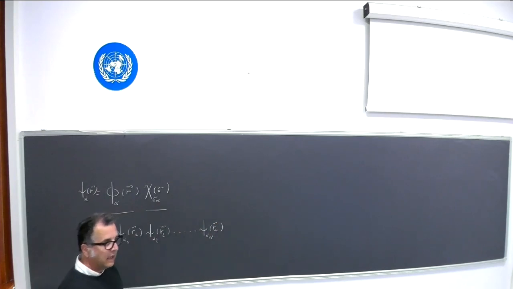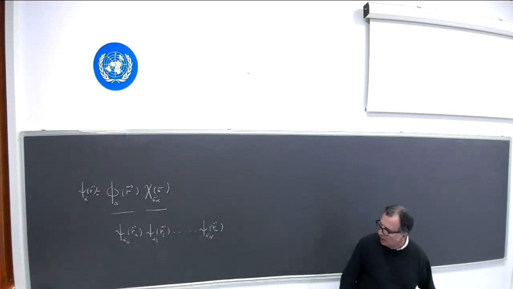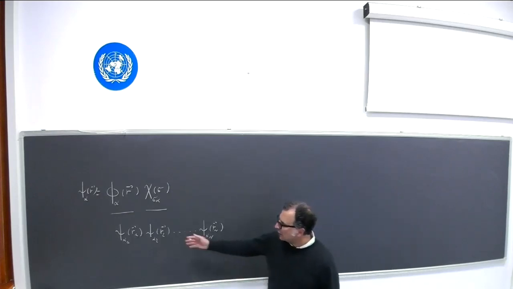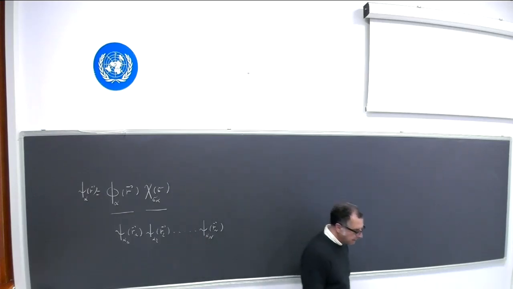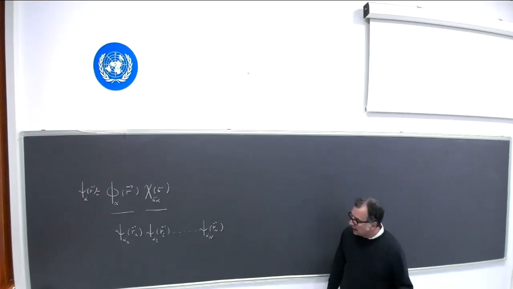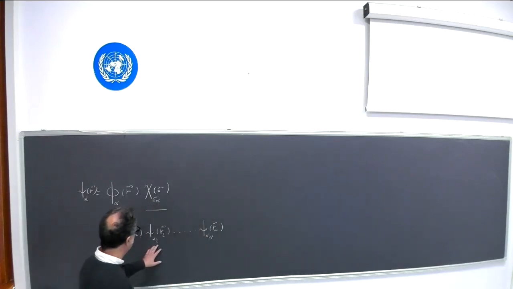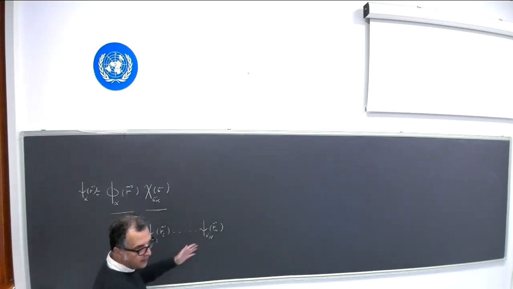Okay, so I just say, for example, the eigenstate corresponding to n particles or n electrons with given quantum numbers. It's just a product.